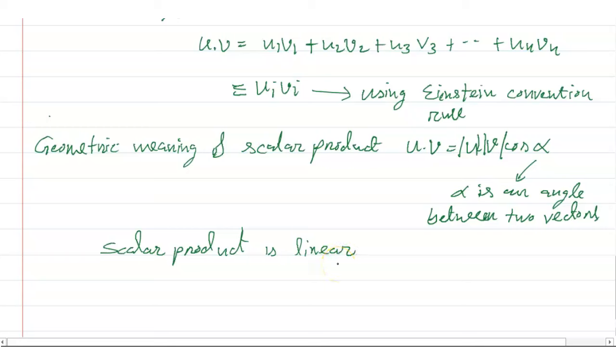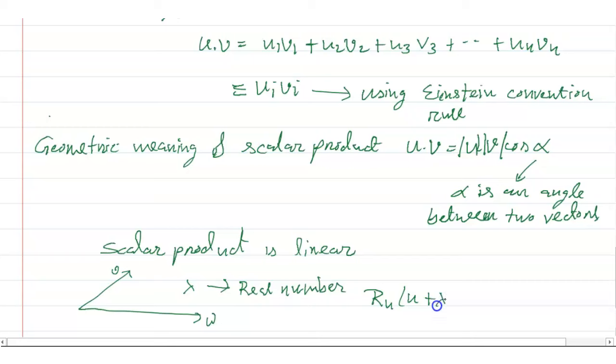So friends, these are two vectors u and v, and this is w, and lambda is a real number. So friends, u dot (v plus lambda w) is equal to u dot v plus lambda u dot w.